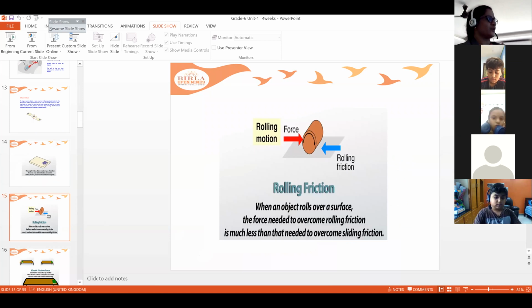It is rolling friction. When an object rolls over a surface, the force needed to overcome the rolling friction is much less than that needed to overcome the sliding friction. Now, sliding friction is different and rolling friction is different. Friction is a force which will try to stop an object.